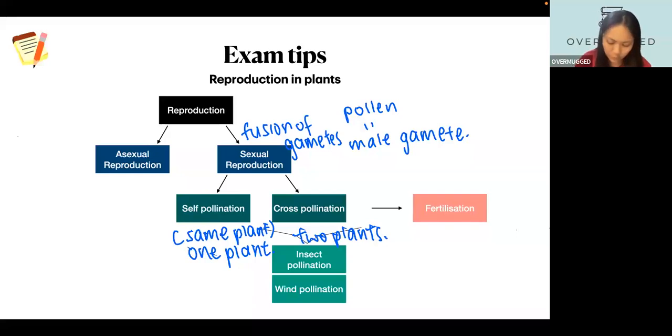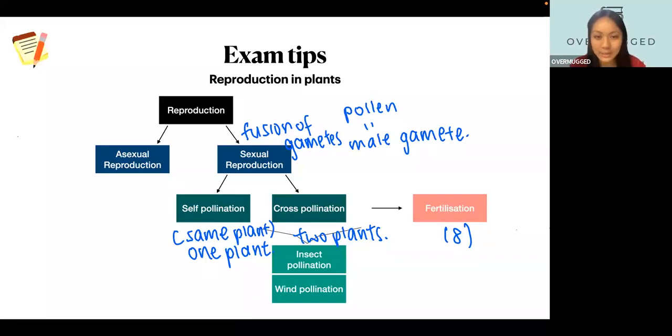This is the part where there are about 8 points. But the question doesn't always ask for 8 points; maybe the question asks for a specific kind. So the whole process of fertilization, go and memorize. This is the big picture.